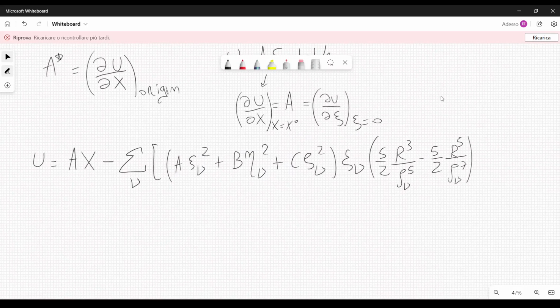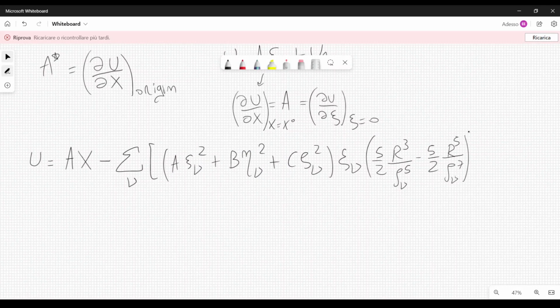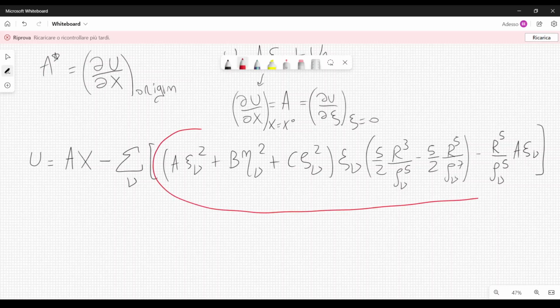And then we also have minus r to the fifth power over rho nu to the fifth power a times xi nu, like this.